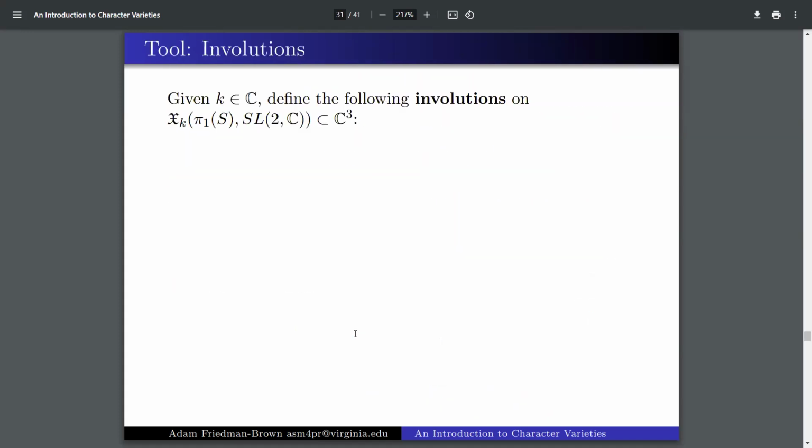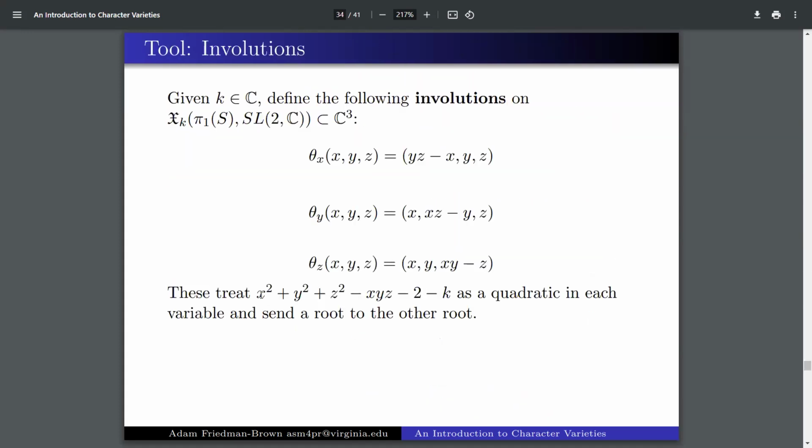Let's say you have one root x, y, z, and you're fixing y and z. Well, this theta x just sends x to the other root of the quadratic, the negative b minus x.